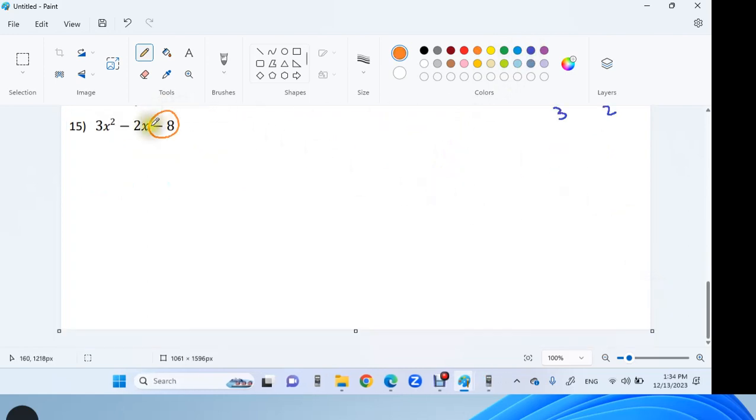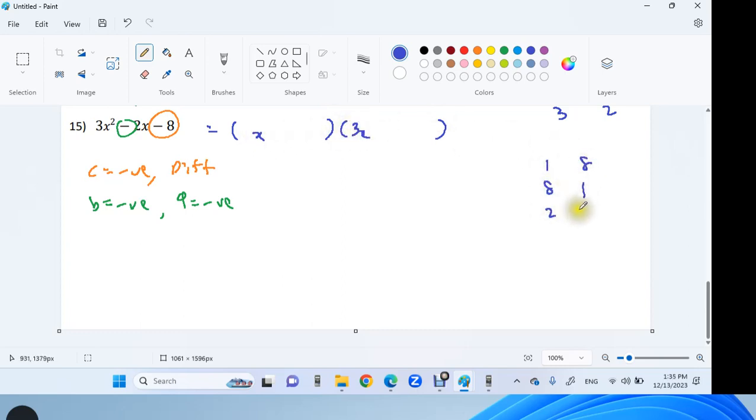So for this one, C is negative value, so it is different sign. And then B is negative value, so the larger value is negative value. So we have the x and 3x here. So 8 is 1 times 8, 8 times 1, 2 times 4, 4 times 2. So this is 2 and 4.